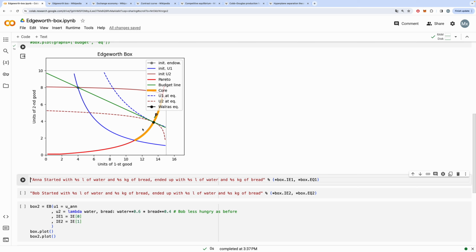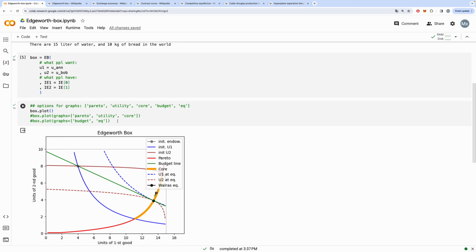There are quite a lot of things represented on the graph, like Pareto line or contract curve, the core, utility line, the budget line, price vector. So let's actually plot them one by one.